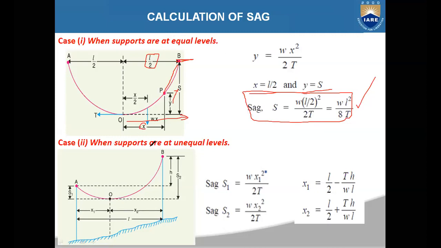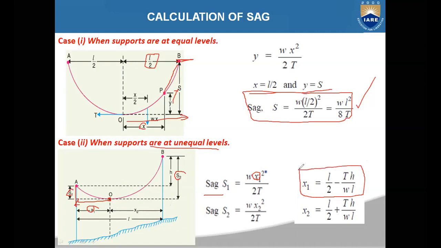Okay. When the supports are not at equal levels, then there will be 2 sags, which are S1 and S2. The values are S1 is equal to Wx1 squared by 2T and S2 is equal to Wx2 squared by 2T. What is this x1? x1 is the distance from the lowest point on the conductor to support A. x2 is the distance from the lowest point on the conductor to support B. These x1 and x2 values are calculated using these equations.